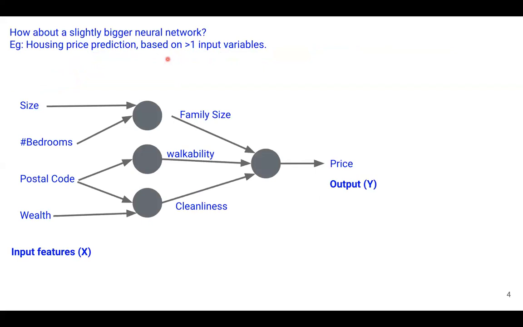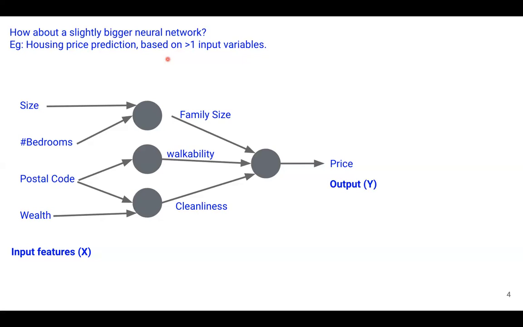Let's make it a little bit more complex, so that we can view a slightly bigger neural network. We stick to the similar example of housing price prediction, but now instead of only one input variable, size, we have 4 input variables: size, number of bedrooms, postal code, and general wealth of the neighborhood.